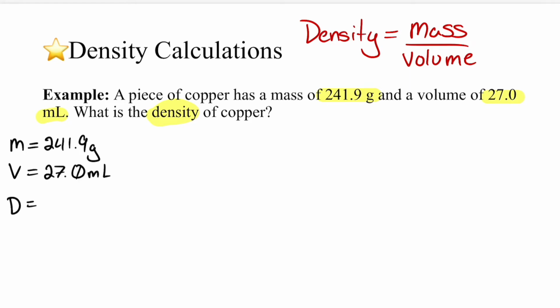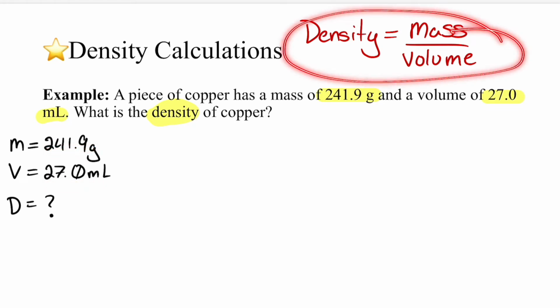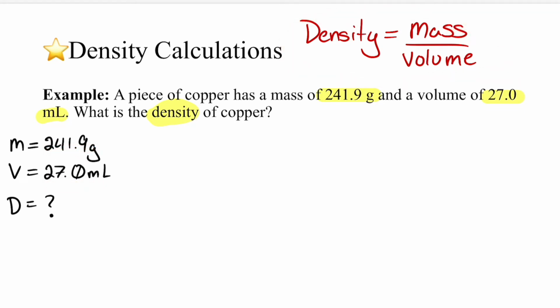And what they want us to find is density. Well, if we have mass and volume, we can use our density equation to figure out the answer to this question.